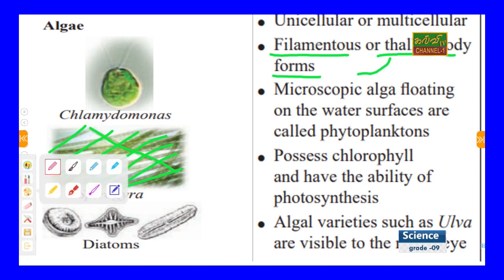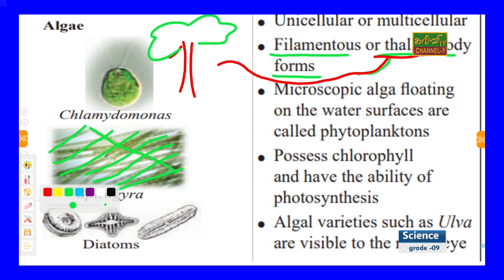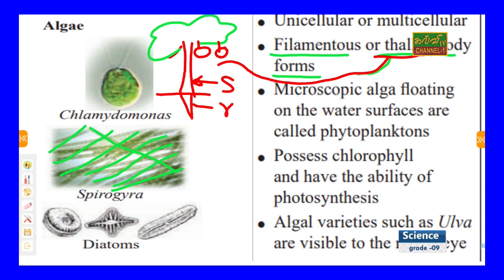Some kinds of plants have identification parts such as stem, right? This is stem, this is root, this is fruit, this is maybe leaf. So you can identify the parts of the plant.